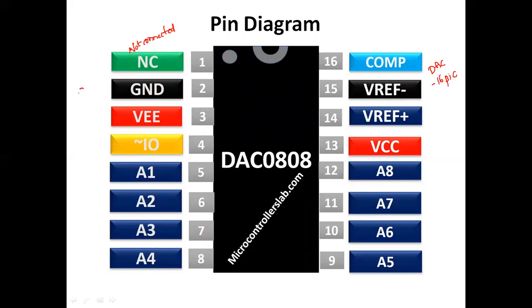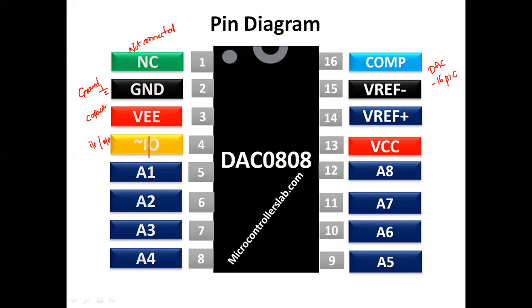Next, GND is the ground pin. When we have any extra voltage, that will be given to ground. Next one is VEE. This is used for external compensation, that is the capacitor connections. And the fourth pin is IO, in the sense input output terminal for analog signals. So this pin is for input as well as output terminal for analog signals.